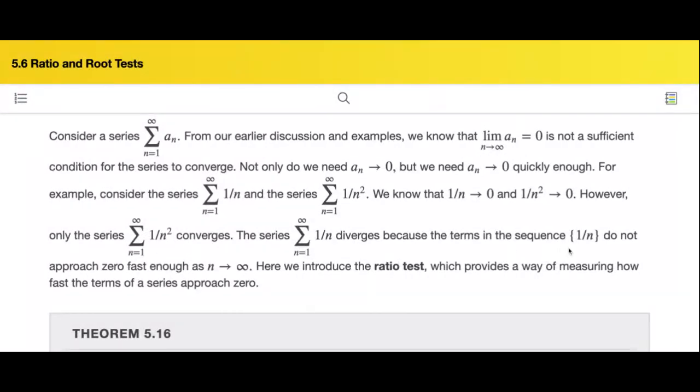Because the terms 1 over n do not approach 0 fast enough as n approaches infinity. The denominator is just n, but for 1 over n squared, the denominator is n squared. n squared grows much faster than n, so 1 over n squared approaches 0 much faster than 1 over n.